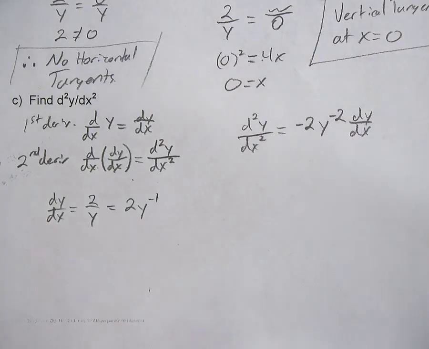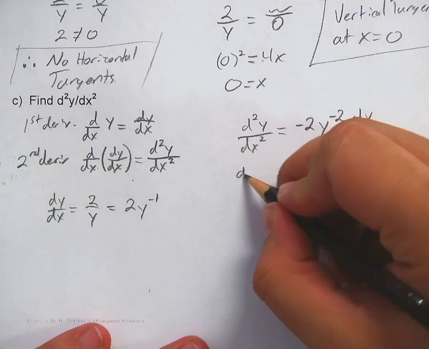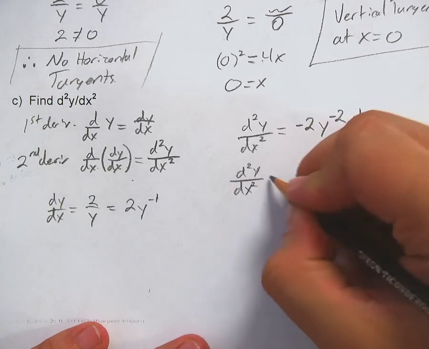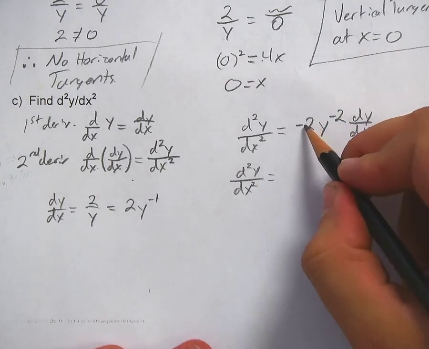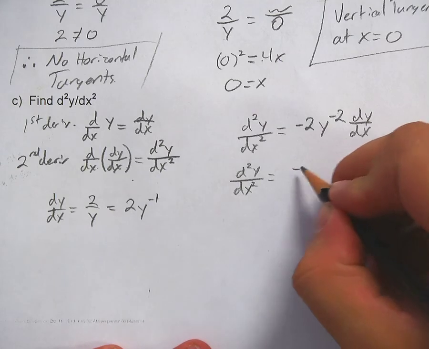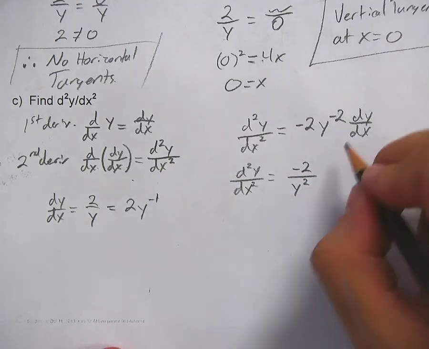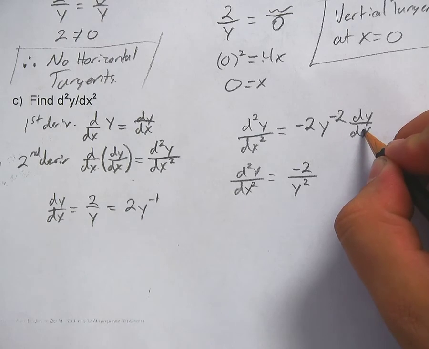So we took the derivative again with respect to x. Okay, so let's simplify this a little bit. d squared y over dx squared is negative 2y to the negative 2, that's negative 2 over y squared, right? And then you've got dy/dx.